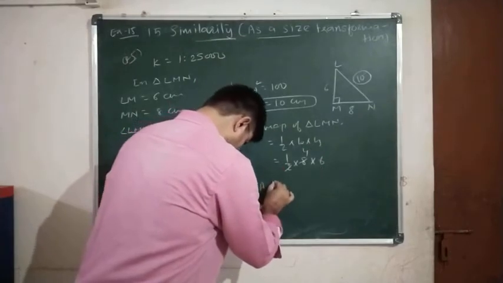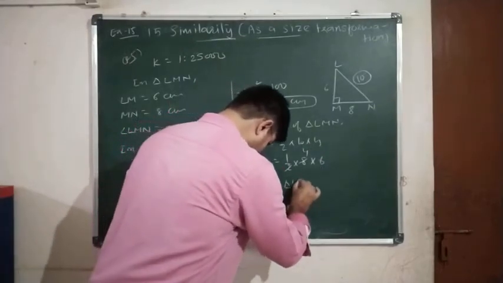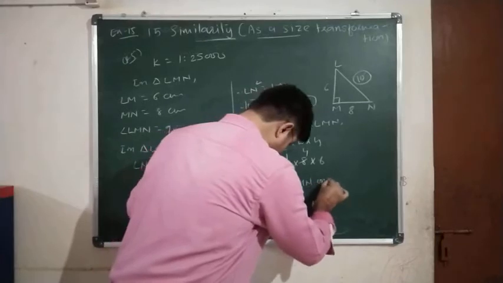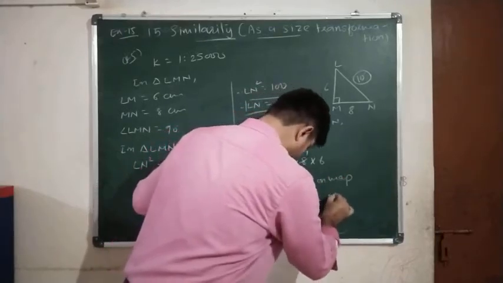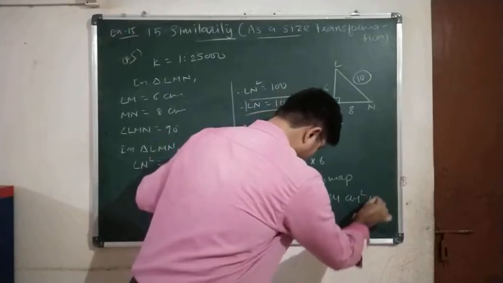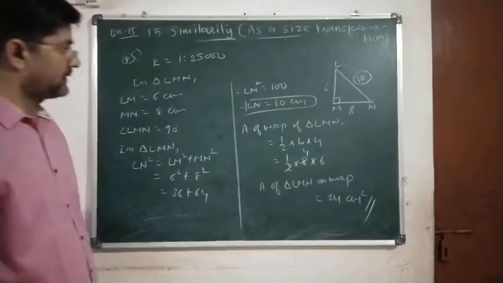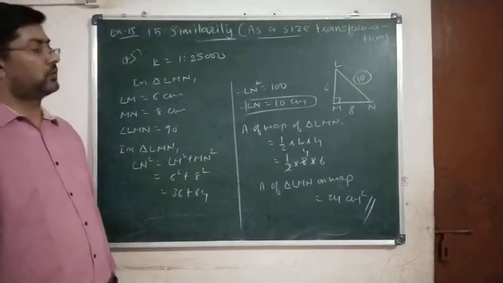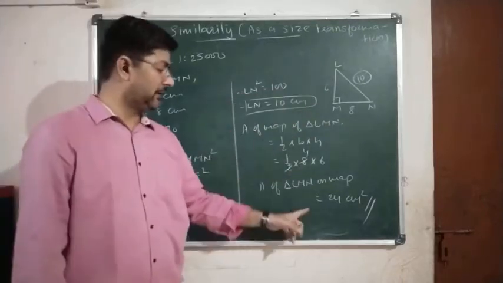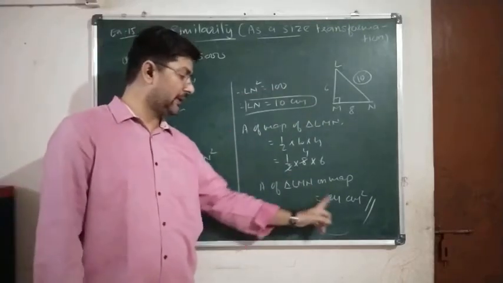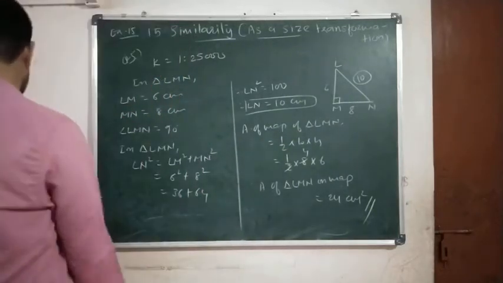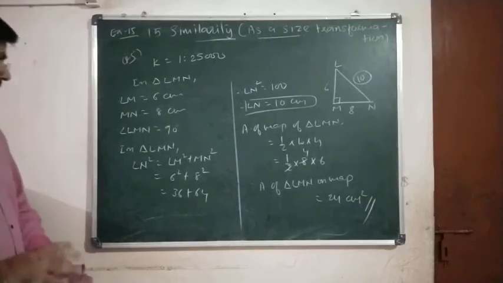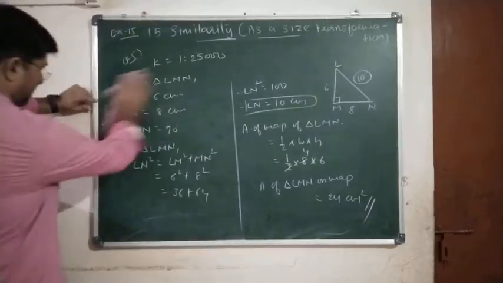Therefore the area of triangle LMN on map will be 24 square centimeters. Clear? So we have got both the length LN on map and the area of triangle LMN on map. Now we will calculate the actual lengths and areas.